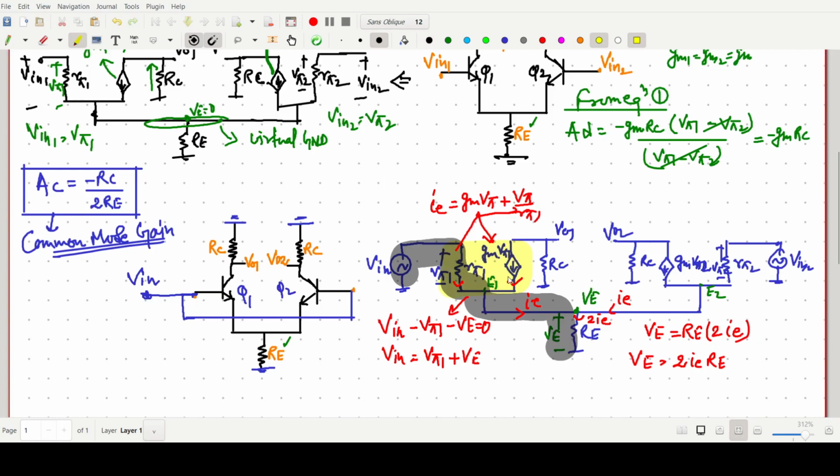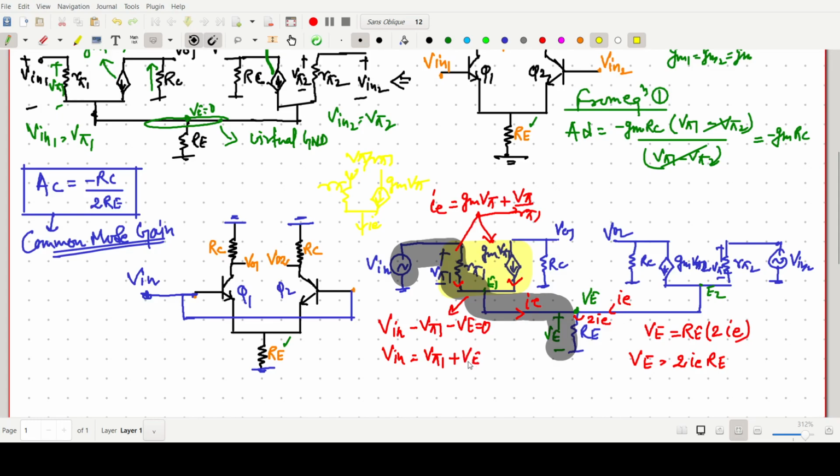One current is GM V pi, and this one is due to this resistance R pi, and V pi is the voltage. So this current will be V pi by R pi 1 and GM V pi.